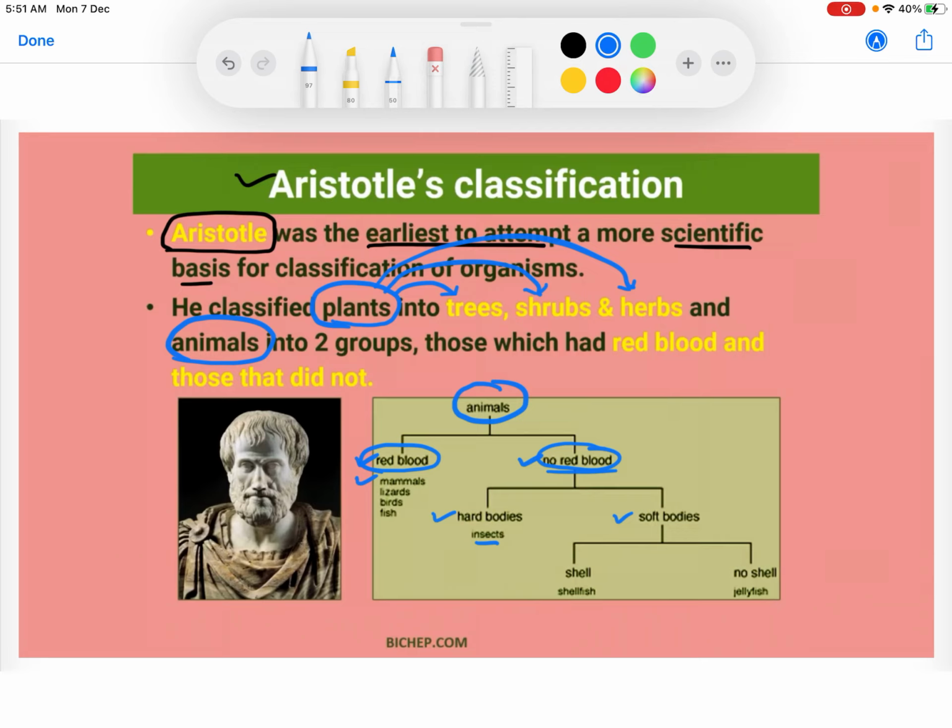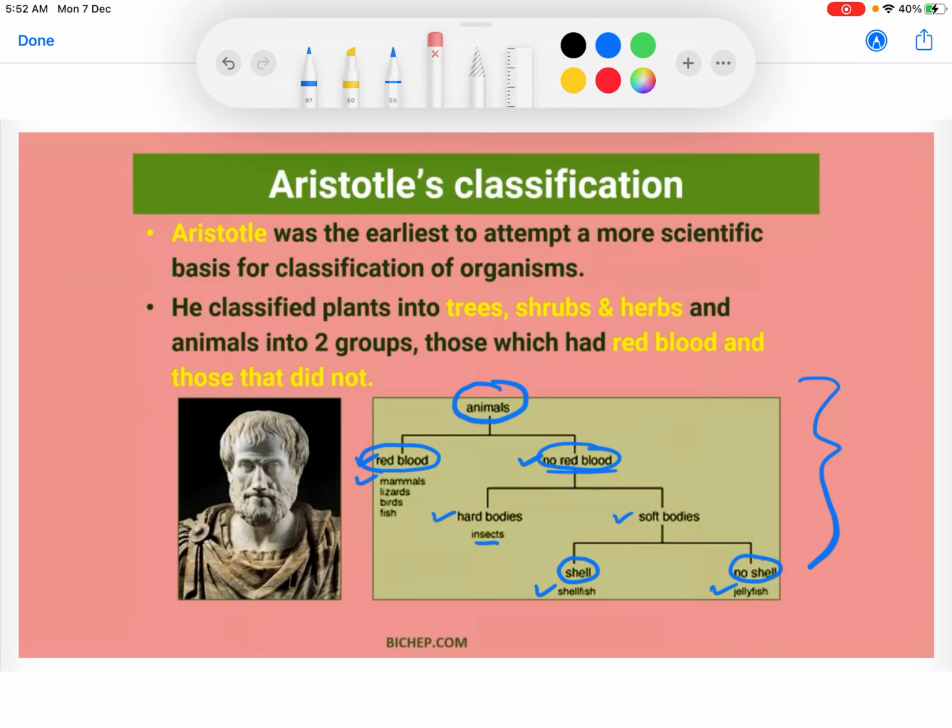If they are soft-bodied, with shell or without shell: with shell, it is shellfish, and without shell, it is jellyfish. So this is the classification made earliest by the scientist Aristotle. It is also known as Aristotle's classification.